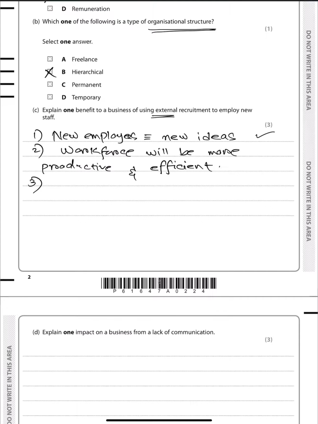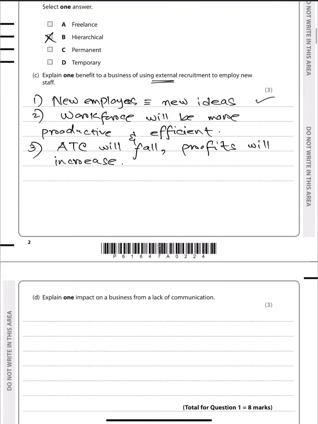So it's the same drill with all the 3 markers as I've explained in my previous videos. So because of this, the average total cost of producing products may fall. If cost falls, profitability will increase. So average total cost will fall and profits will increase. That gains us our 3 marks.